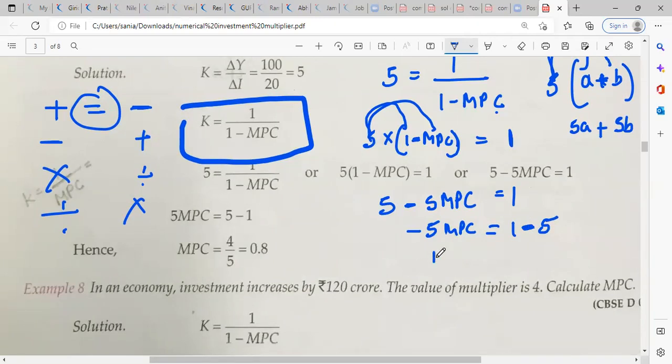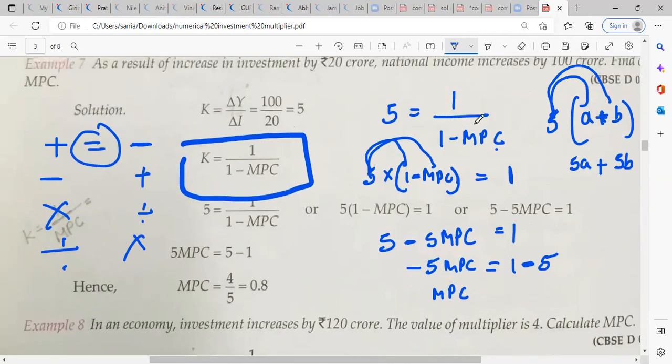And then whatever number or thing you have to find, you have to make that particular object alone. That's why each and every time one member is leaving, MPC, because you have to find MPC. Once it is alone, only then you can find its value. So you have to make alone the object which you need to find. So over here now this 5 is in multiplication with this, right? Yes. So when someone is in multiplication or in division with someone, you ignore the sign.